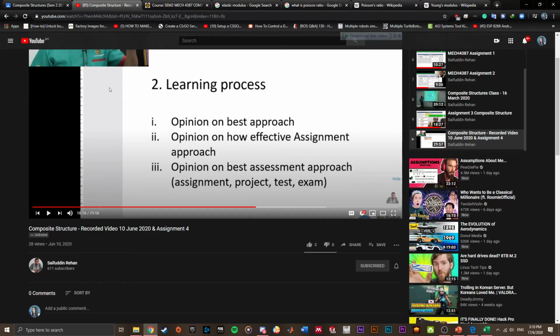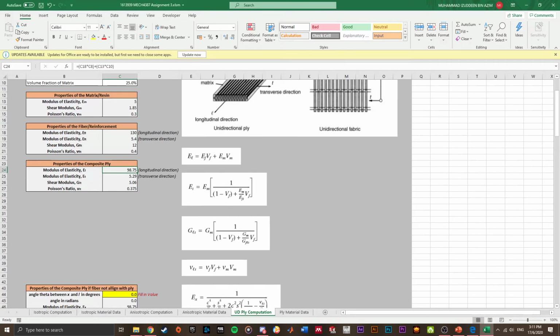I don't know. Okay, before I end my assignment, I want to refer back to how effective this assignment approach is. I think that is very effective because as you said, we don't need to compute all the formulas because the formula is just the same, right? So the Excel assignment is very good.